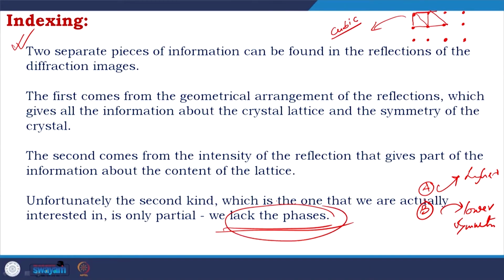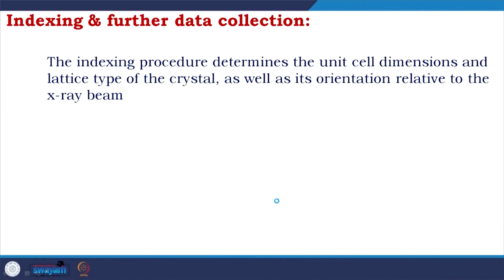First we do the indexing, meaning we find the unit cell, then we are going to get the actual coordinates, actual intensity, the electron density. For that we lack phases, which is the famous phase problem. We will talk in detail about what the phase problem is and how in protein crystallography people have solved the phase problem.